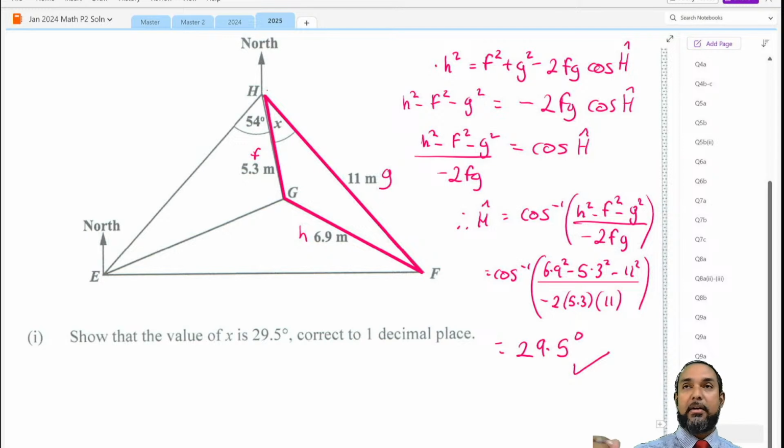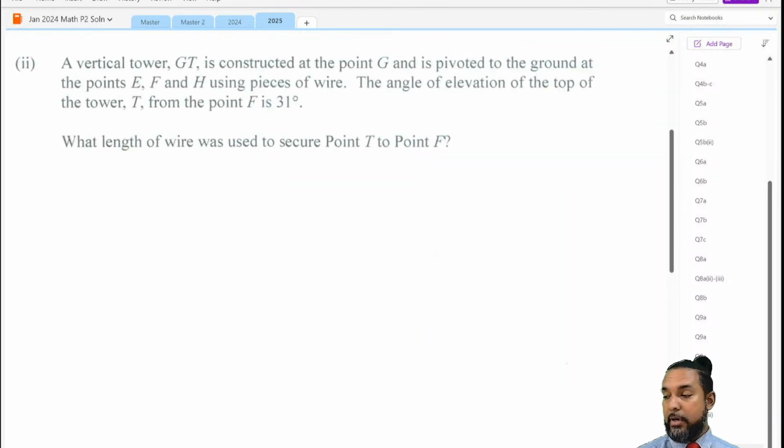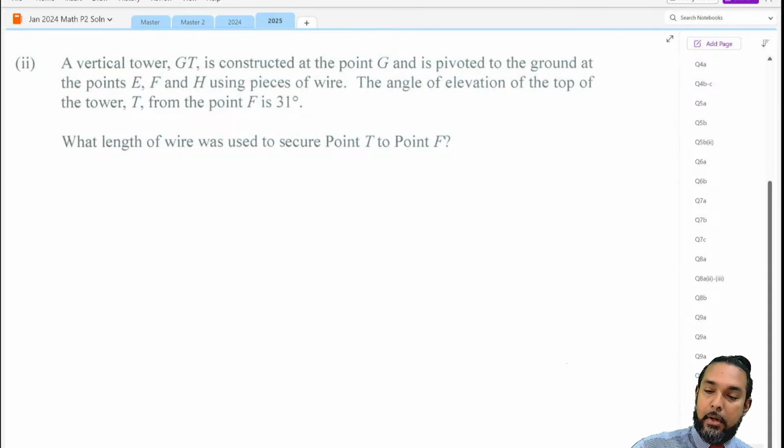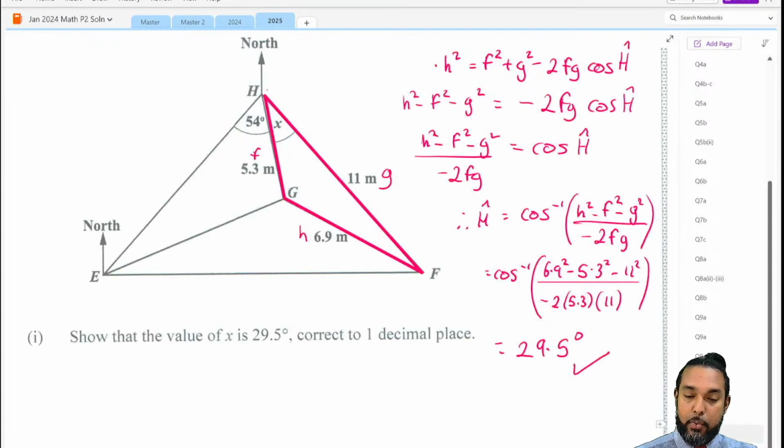So again, the angle could differ based on your perspective, but there's a vertical tower coming out of the ground at G. Right. And it's pivoted to the ground at points E, F, and H using pieces of wire. So I'm guessing that means that it is attached or tied down to the ground at points E, F, and H using wire.